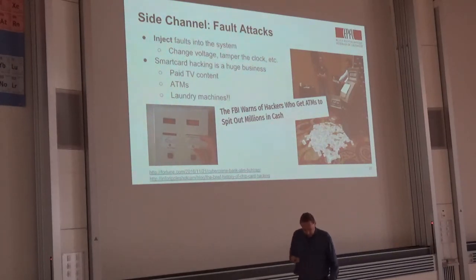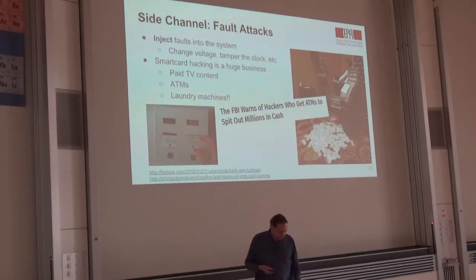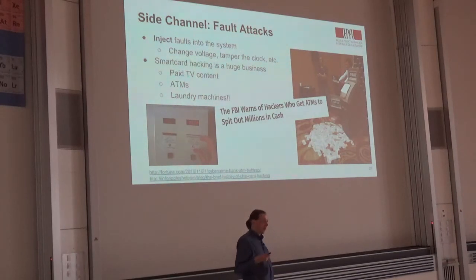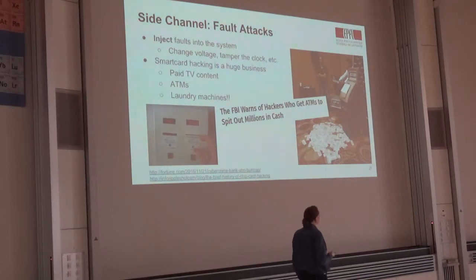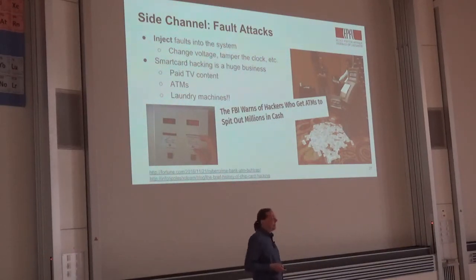Now things get even more interesting if the attacker doesn't just have to sit by passively, but can actually poke and prod the system in different ways. And again, often it's possible in practice for attackers to do this. Let's say a bank ATM machine.